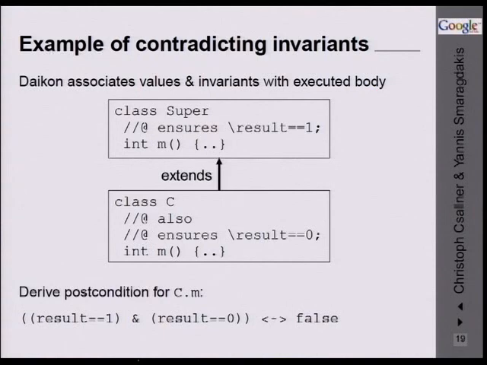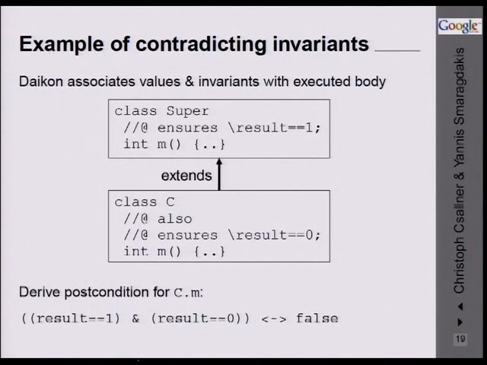So in this example, assume that every time super.m gets executed, it returns the value 1. And every time the method body c.m gets executed, it returns 0. So you might think it's reasonable to annotate the super method with always returns 1 and the sub method that it always returns 0, right?